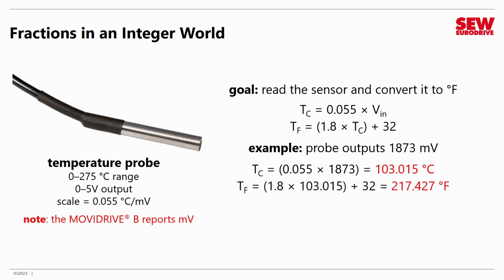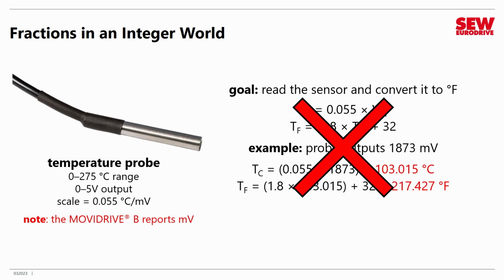Then we convert it to Fahrenheit by taking 1.8 times 103.015. We multiply those, add 32, and we get 217.427 degrees Fahrenheit. Now that's plain sailing, and if IPOS could work with fractions, if it had, for example, a floating point data type, we could just do this and we'd be done. But unfortunately, it does not. It only works with integers.